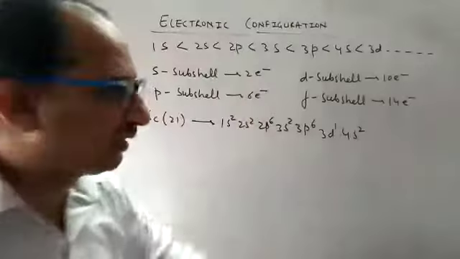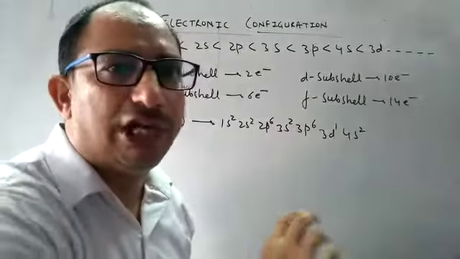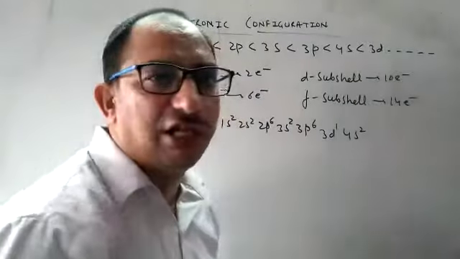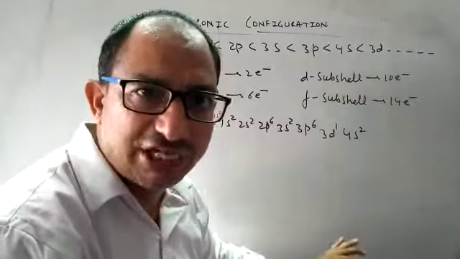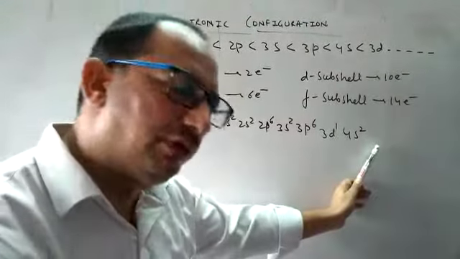No doubt the last electron enters 3d, but we write in this pattern so that it makes a symmetrical, systematized way. Is that okay? We write in both ways. If we write 4s2 3d1, it's okay.